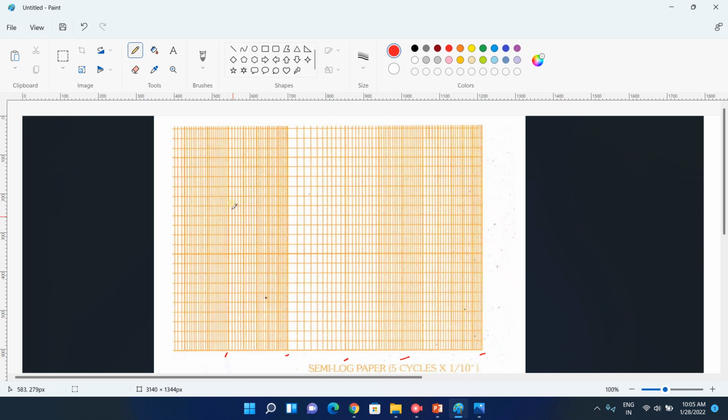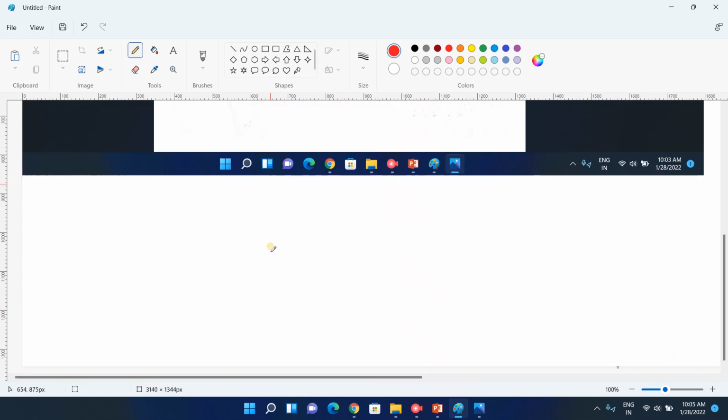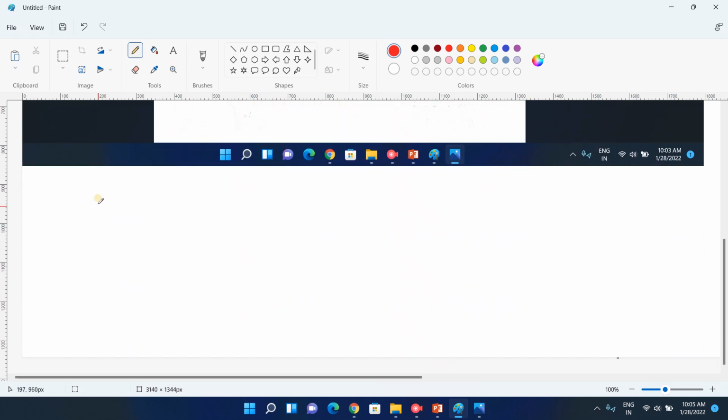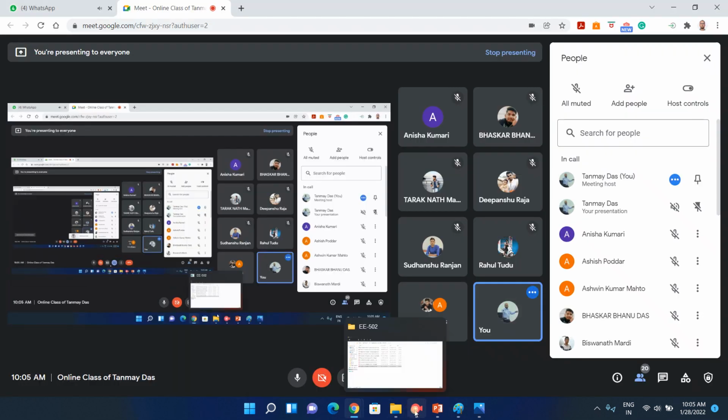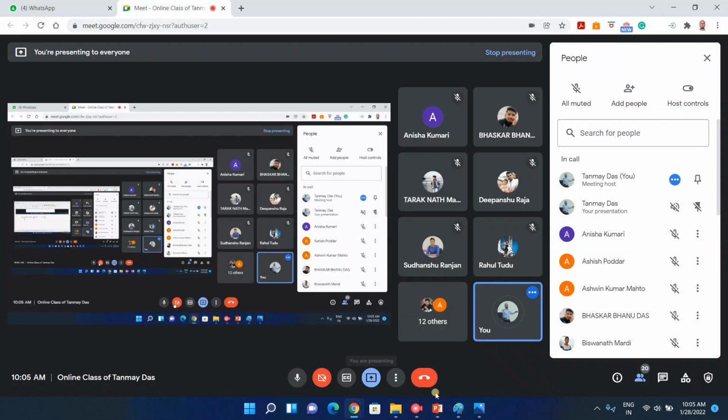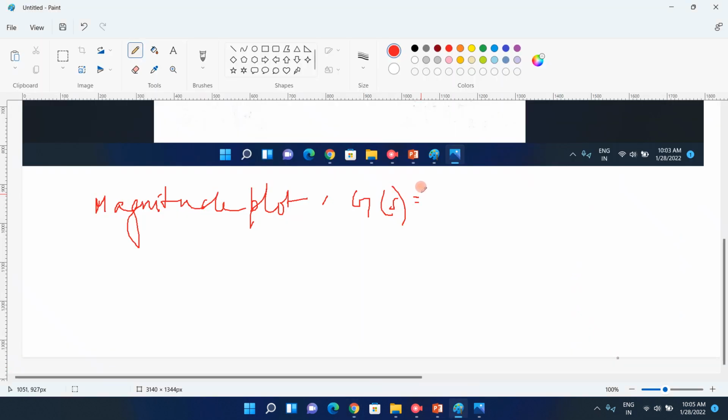Now in a graph, obviously it is a two-dimensional graph, so there is an x-axis and a y-axis. The two plots, which I have already told you, are these. First one is the magnitude plot. Suppose you have a transfer function G(s).